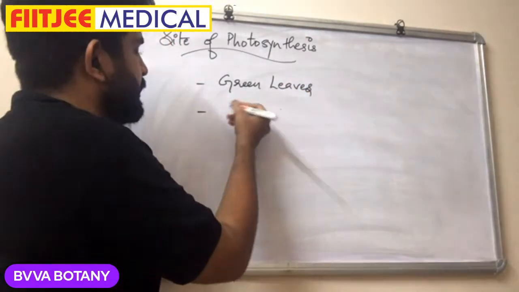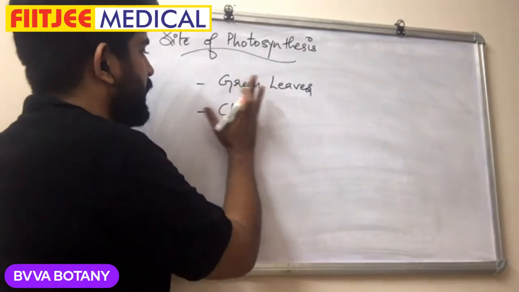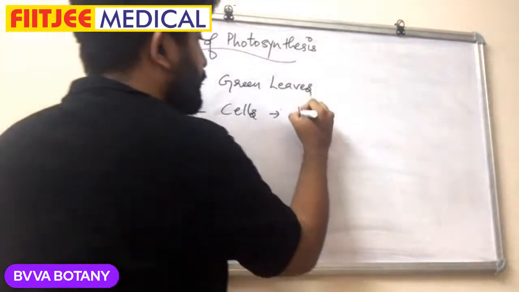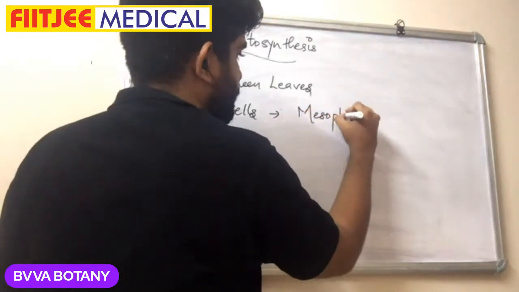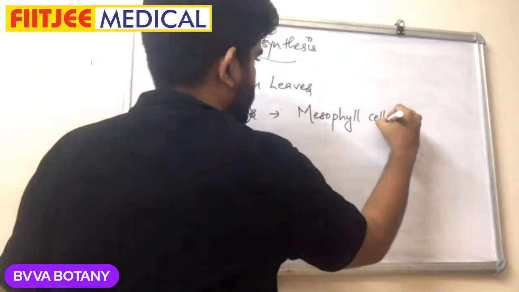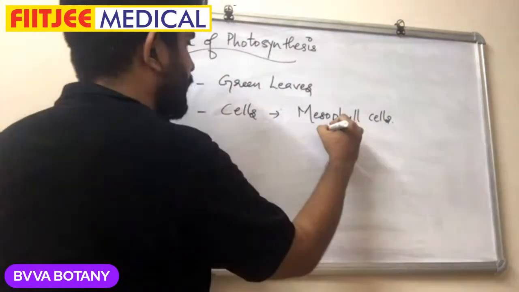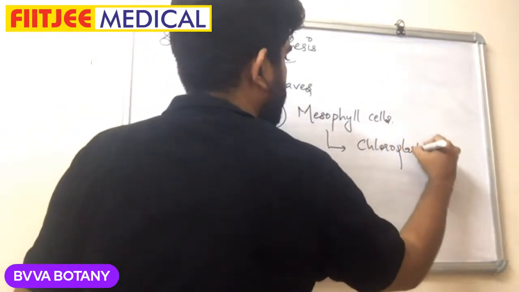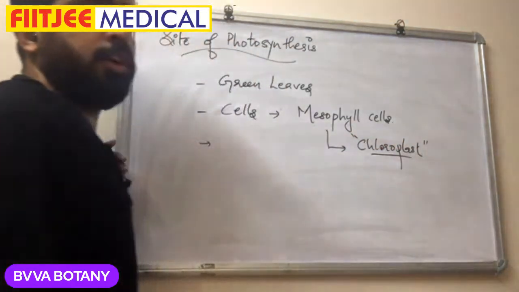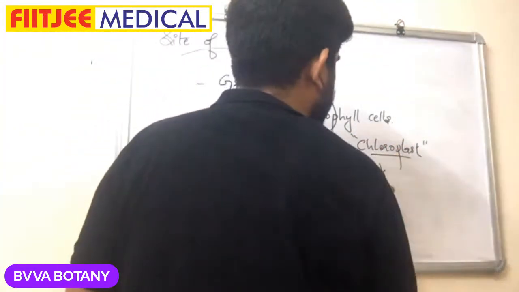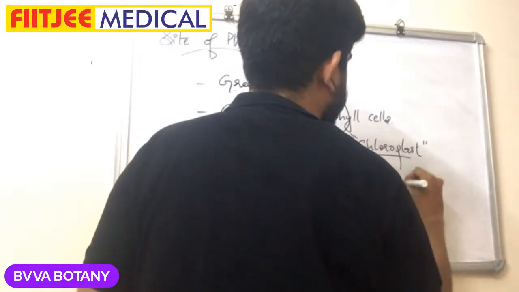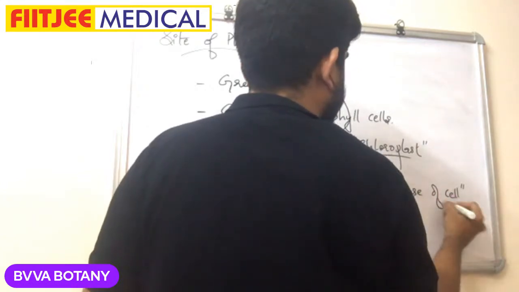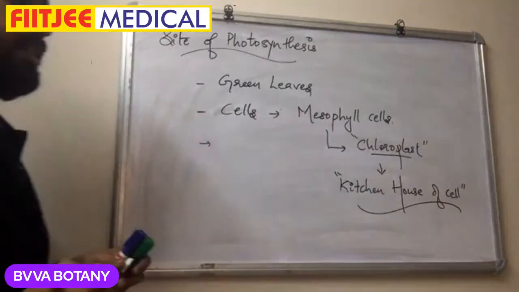And in the green leaves it takes place where? In specialized cells. The name of the cell is mesophyll. And in the mesophyll cell, it takes place where? In the specialized organelle known as chloroplast. That is why chloroplasts are considered the kitchen house of the cell.